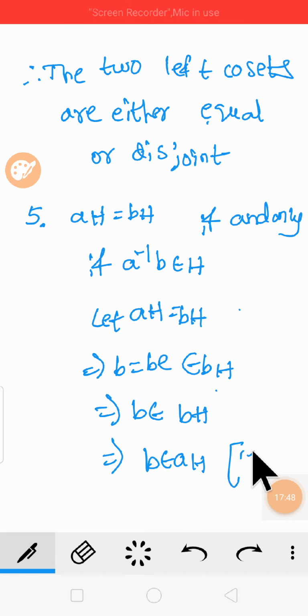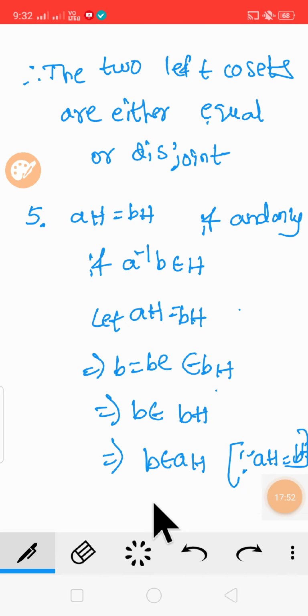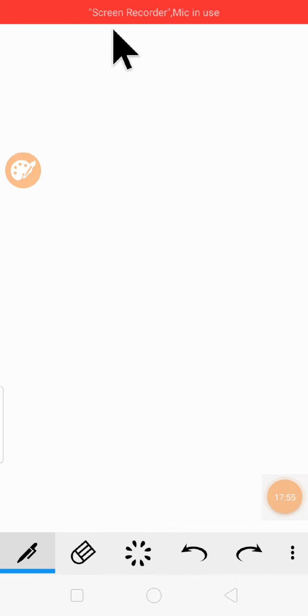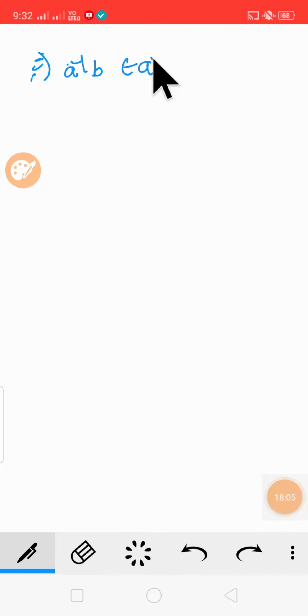Since aH equals bH, multiplying both sides by a inverse, a inverse b belongs to a inverse aH.